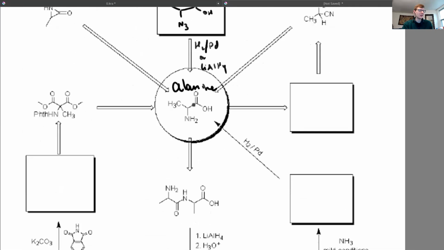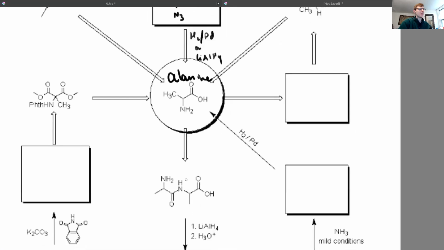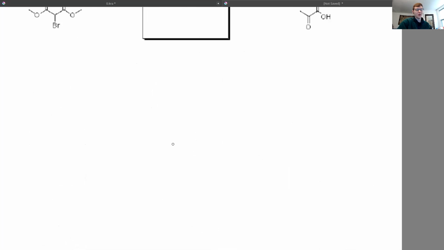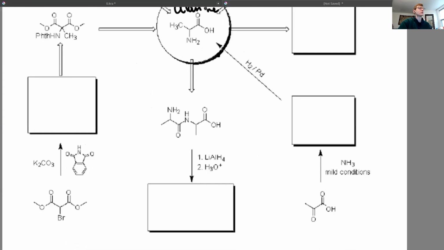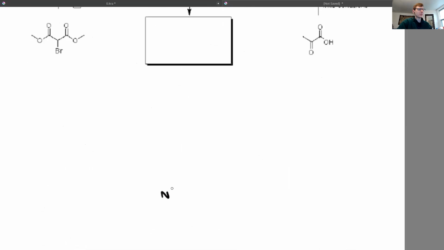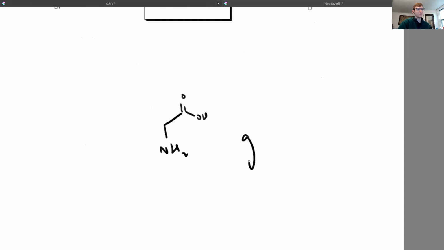In some sense, this is the most basic amino acid. You can make the case that this guy, glycine, is the most basic amino acid.